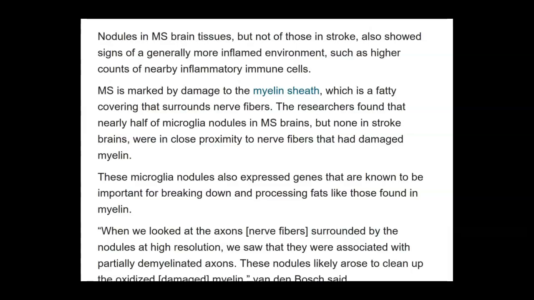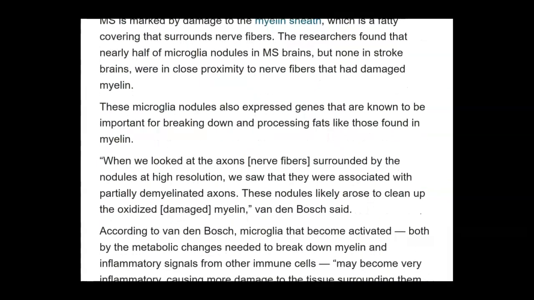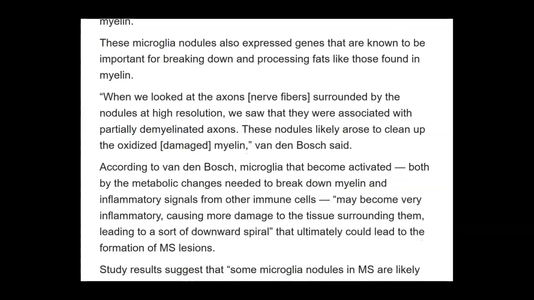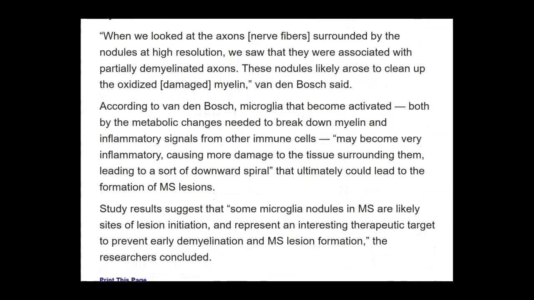These microglia nodules also express genes that are known to be important for breaking down and processing fats like those found in myelin. "When we looked at the axons or nerve fibers surrounded by the nodules at high resolution, we saw that they were associated with partially demyelinated axons. These nodules likely arose to clean up the oxidized or damaged myelin," Van den Bosch said.